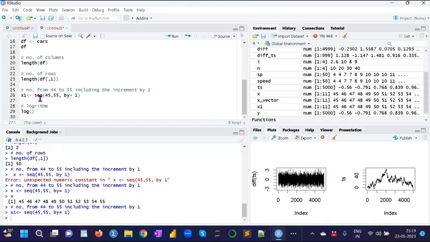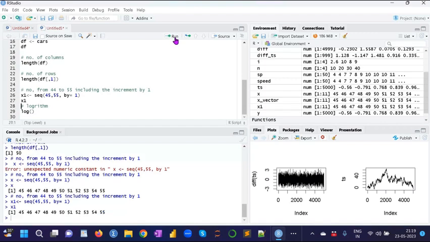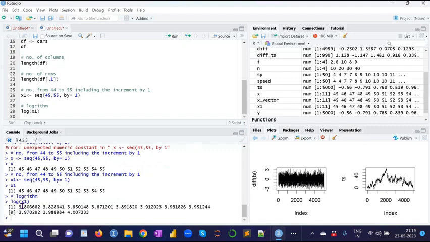Now print the X1. Log, and passing the x1. If it's not working, it shows only the sequence values.